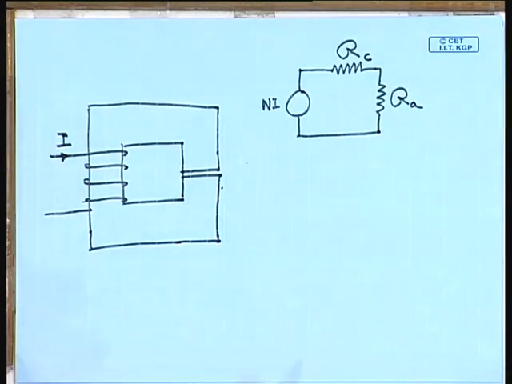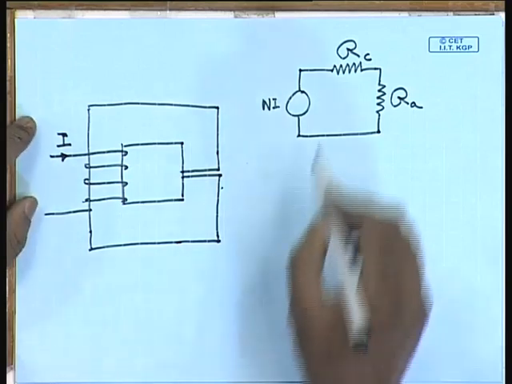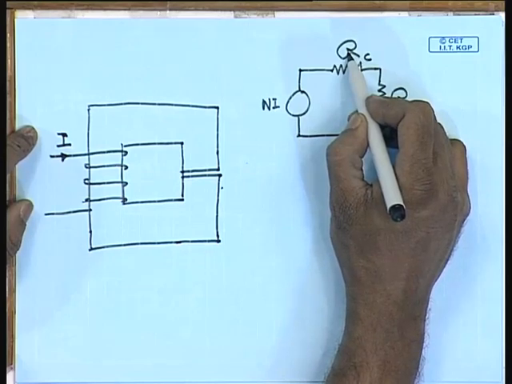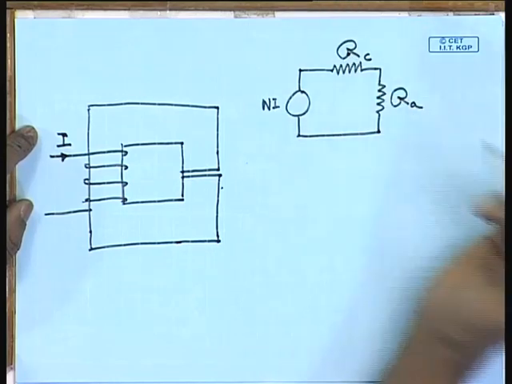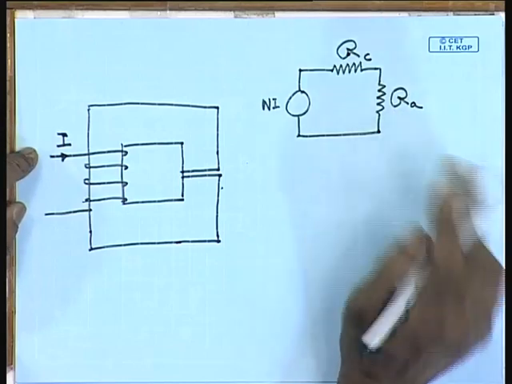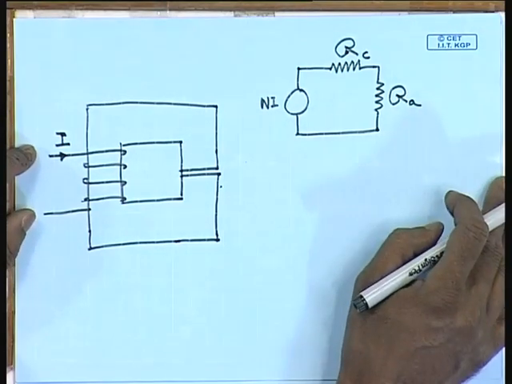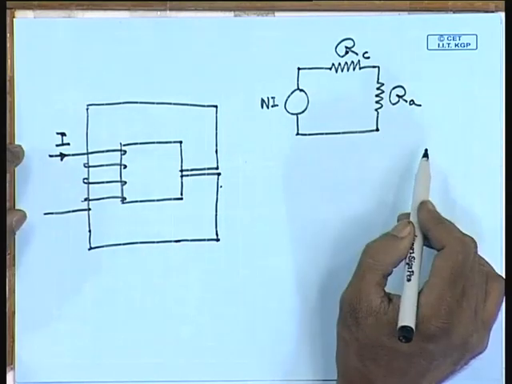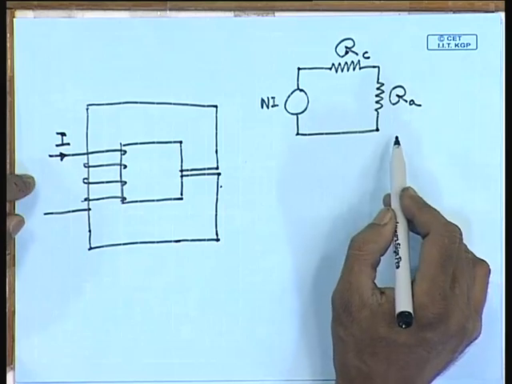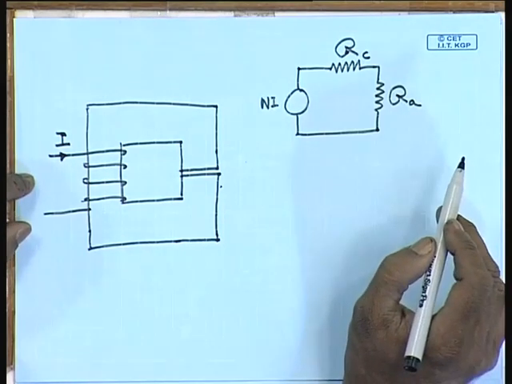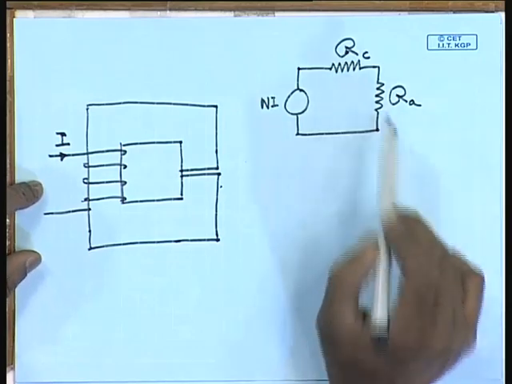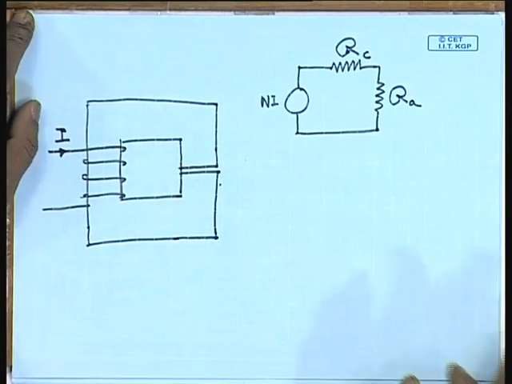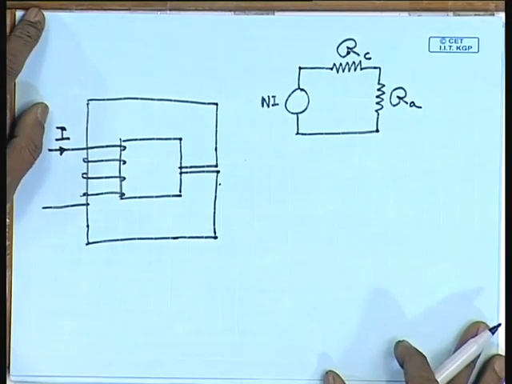The problem with ferromagnetic material is that the value of R core is not known a priori, because it depends on the value of the flux density, as we have already seen. The value of R air more or less remains constant, it is not a function of the flux density, it is linear. The BH characteristics of the air gap is linear. Therefore, solving this is a little more involved, and let us see how we will solve this kind of a circuit.